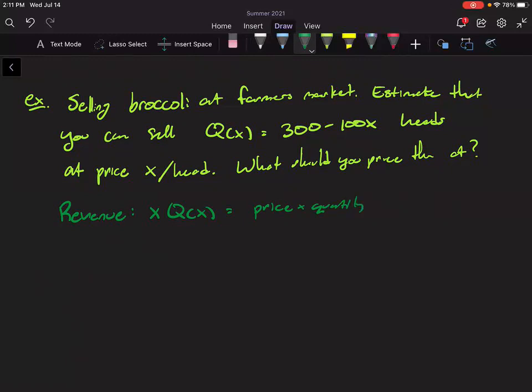That makes sense. The amount of money you bring in is however much you make per item times the number of items you sell. So if you sold 10 heads of broccoli at $3 a head, you would bring in $30. So here our revenue function is R of x equals 300x minus 100x squared.